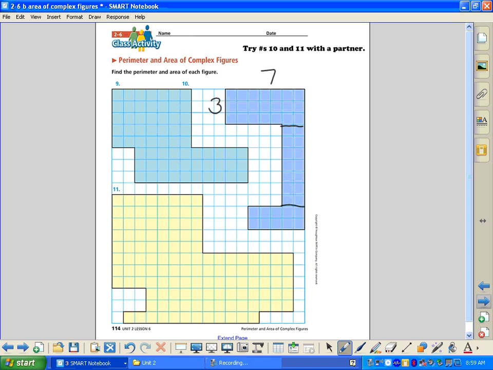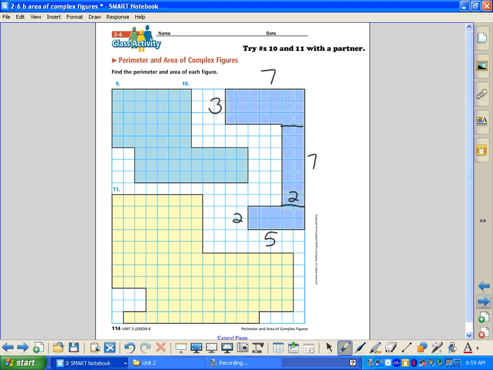Okay, what is the vertical height here? 1, 2, 3, 4, 5, 6, 7. What is the horizontal width? 2. Okay, let's do the bottom. Vertical height? 2. Horizontal width?